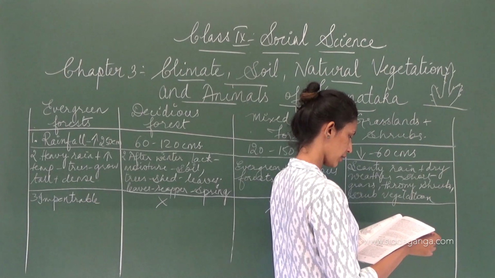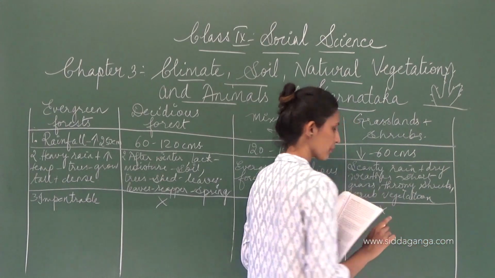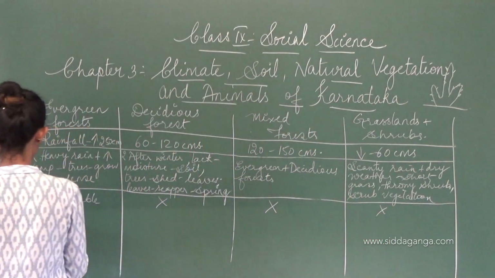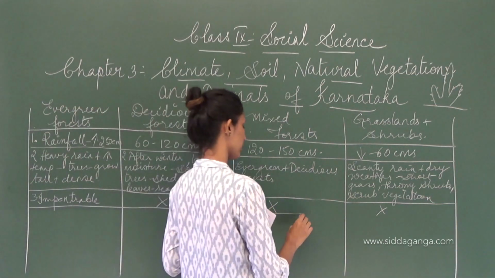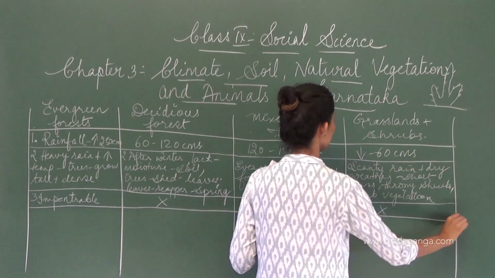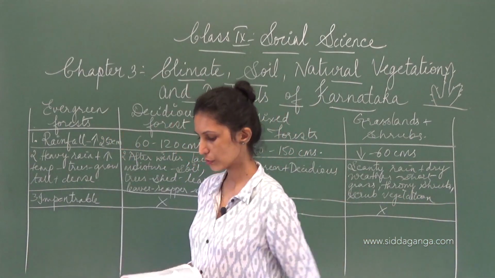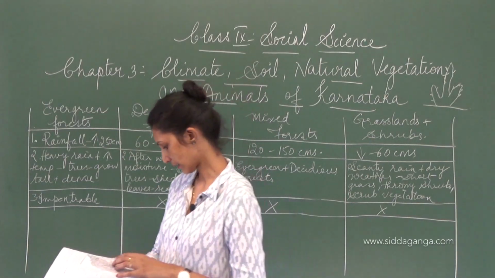In this one also, no point. No point because certain statements don't sound similar like that. We'll move to the fourth point. Now some columns may have more points, some may have less.